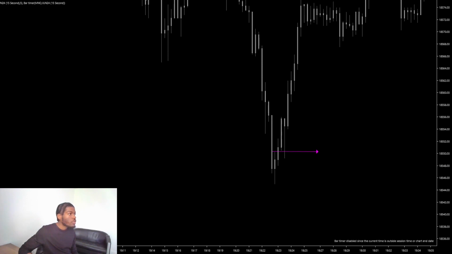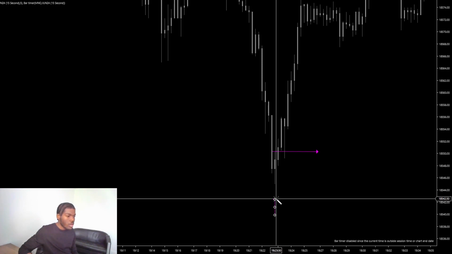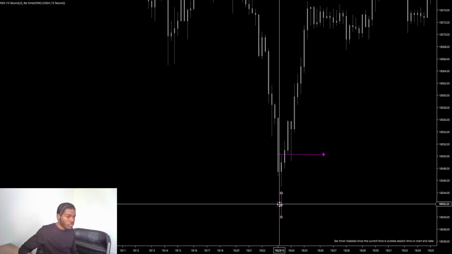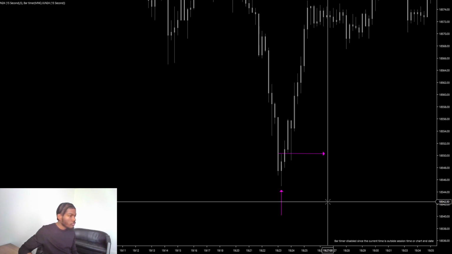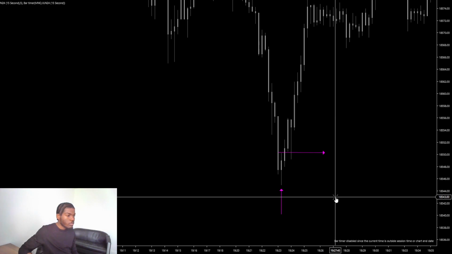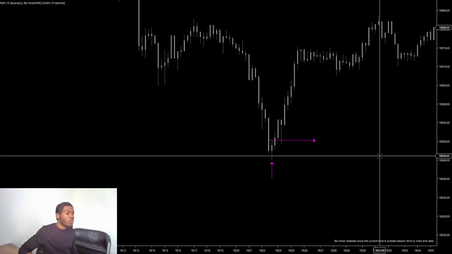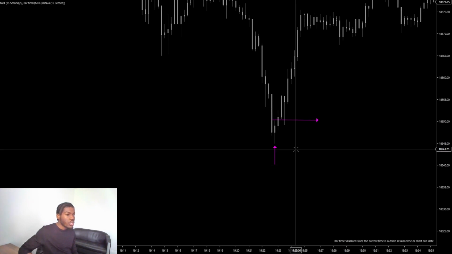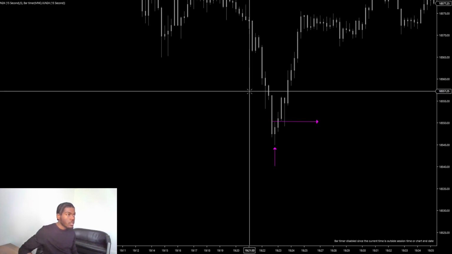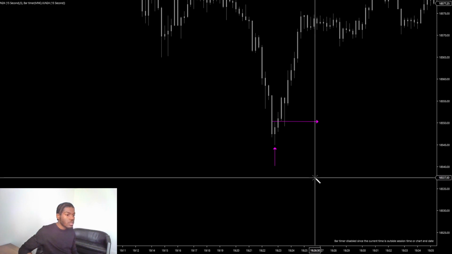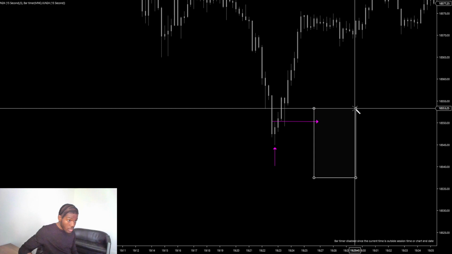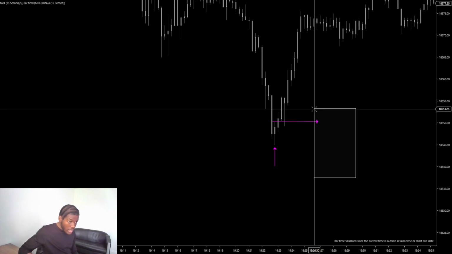We'll start with this up candle here. So we have an up candle. First of all, how do you even identify what is an up and down candle? By paying attention to the open and close. If price closes above the open, that is an up candle.